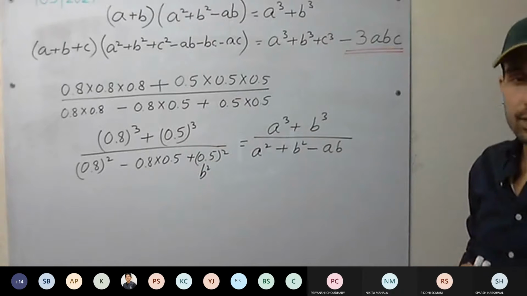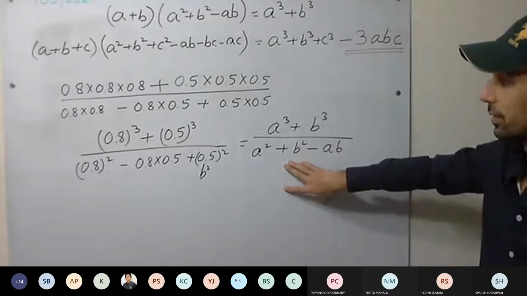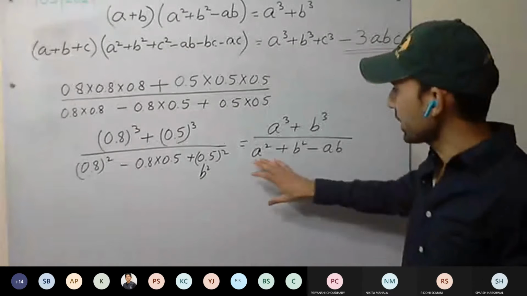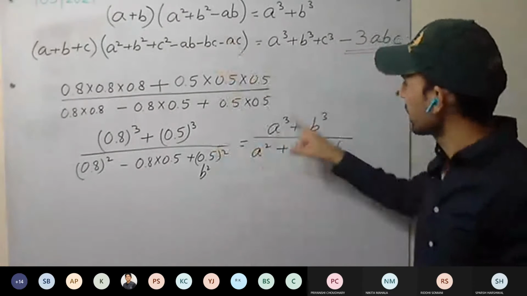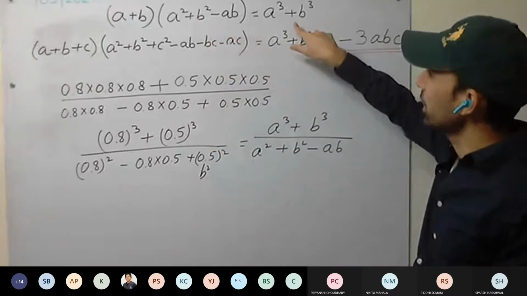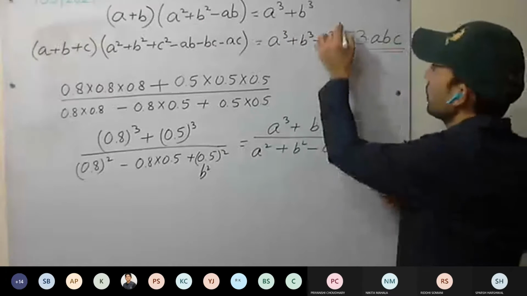Everyone can notice this one? Figure it out. Question is given something like this only. So what will be the value of A cube plus B cube divided by A square plus B square minus AB?